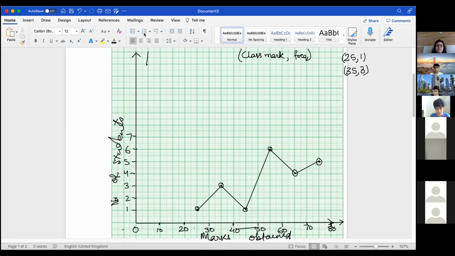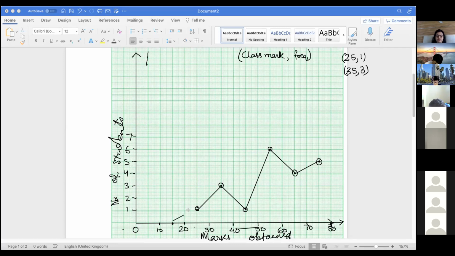The next point, you know, is the middle point of the next part. So 20 will come here, and this one will come at 85. Okay, so join these. Okay, so this is the frequency polygon. You can name the points. This whole is a frequency polygon.